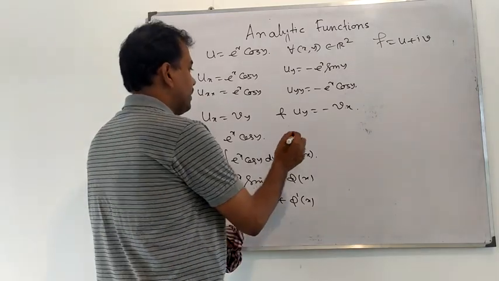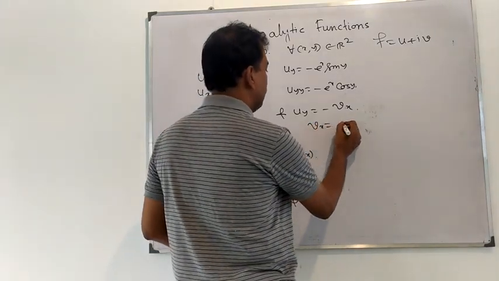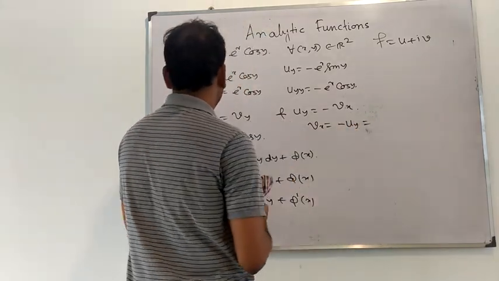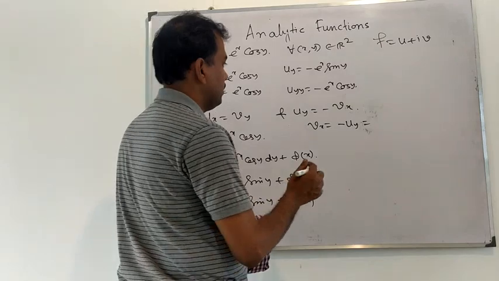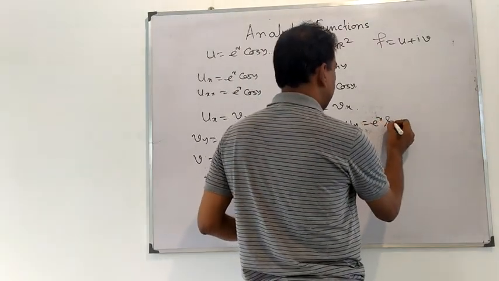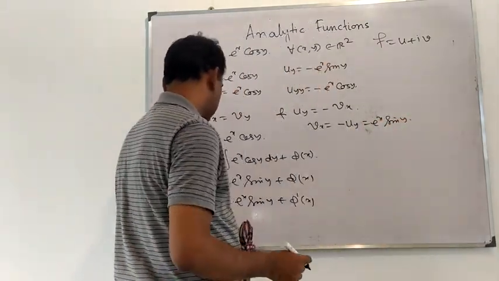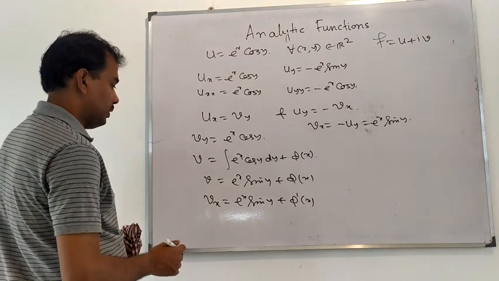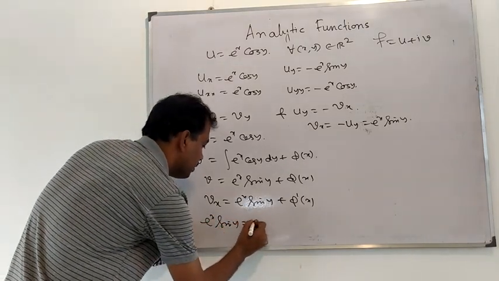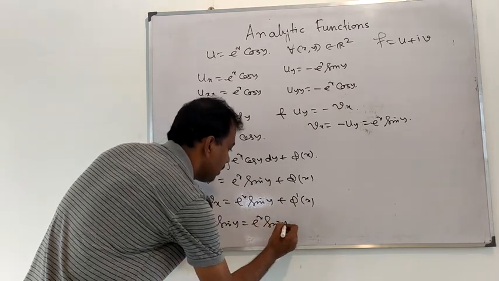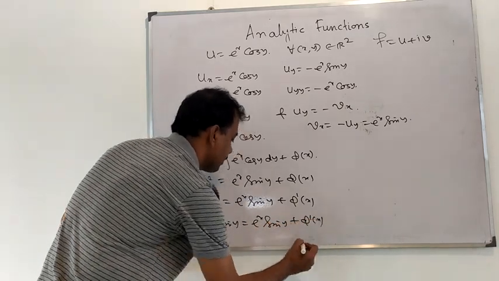Now vx equal to minus uy, that is, uy equal to minus e to the power x sin y, so this is equal to e to the power x sin y. So we get e to the power x sin y equal to e to the power x sin y plus phi dash x.